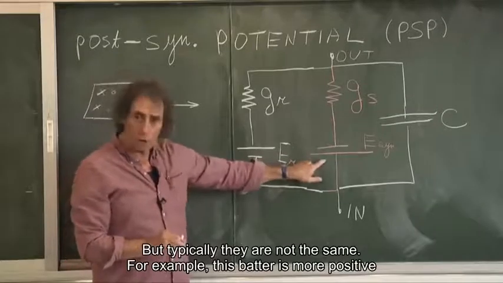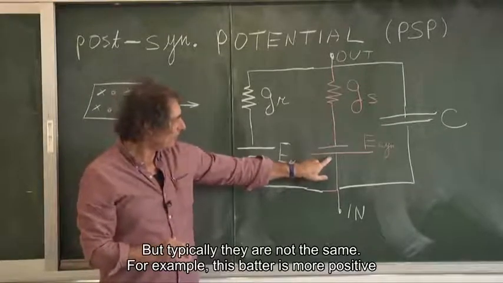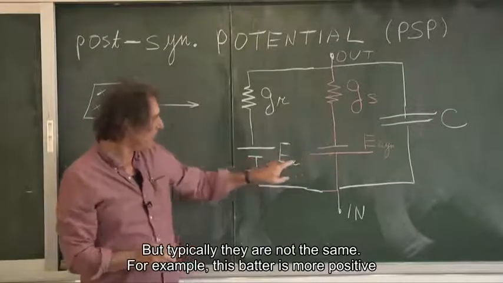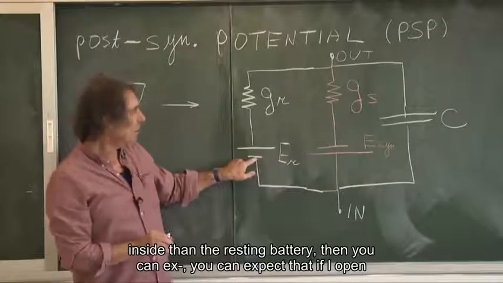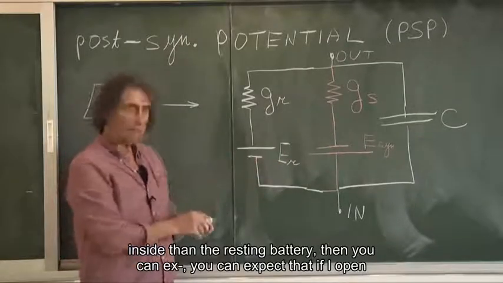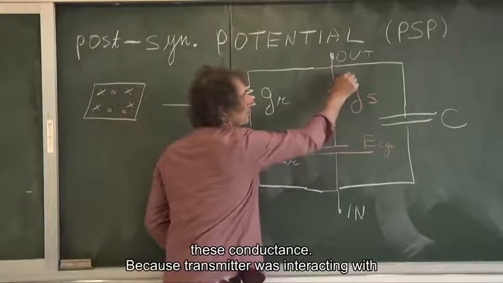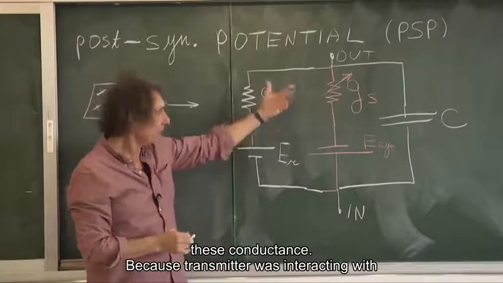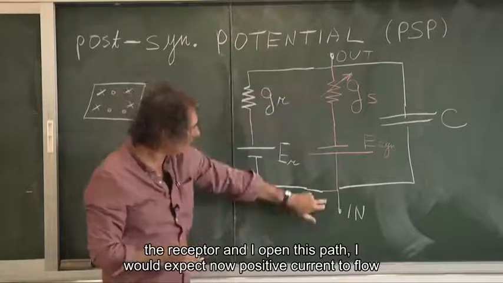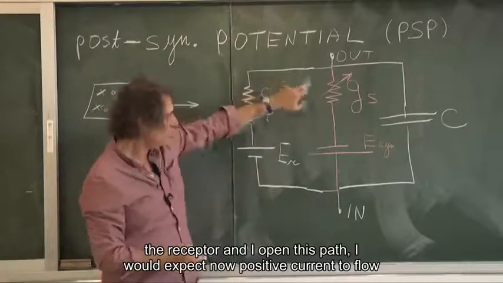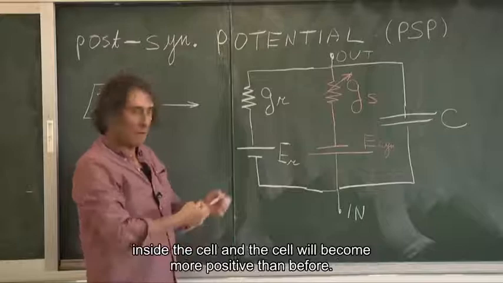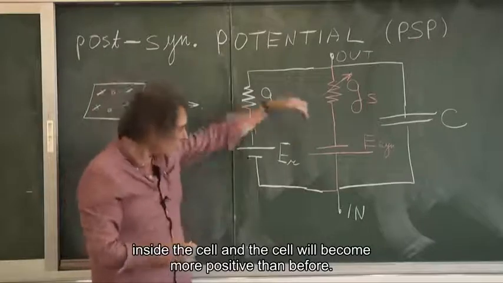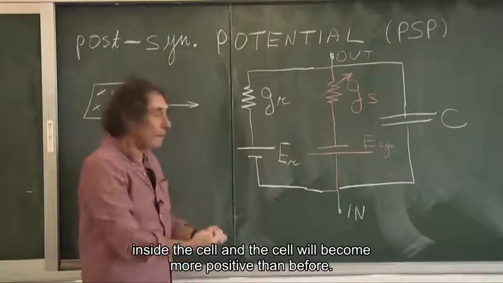But typically they are not the same. For example, this battery is more positive inside than the resting battery. Then you can expect that if I open this conductance, because transmitter was interacting with the receptor, I would expect positive current to flow inside the cell, and the cell will become more positive than before.